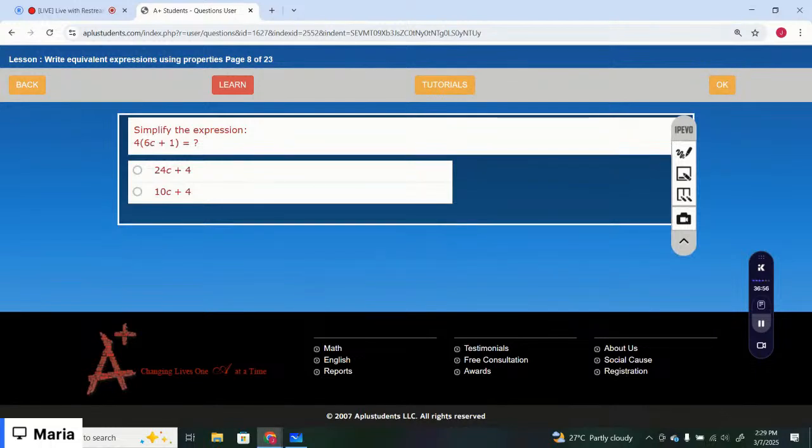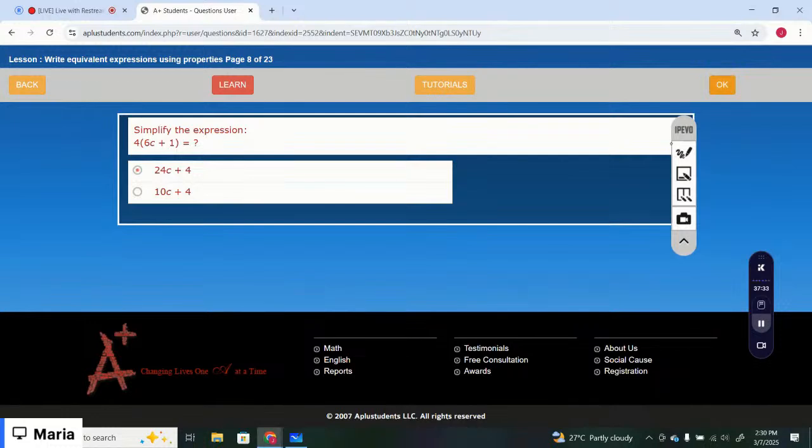4 times 6c plus 1. So which is the correct option? That is 24c plus 4.